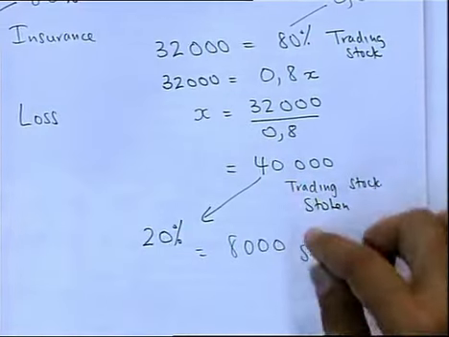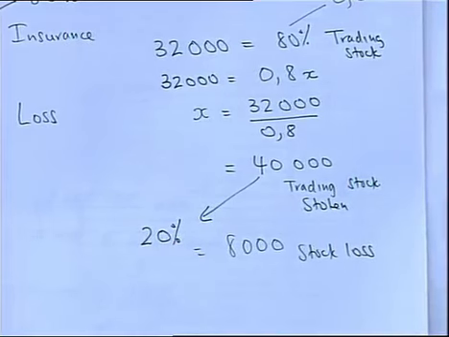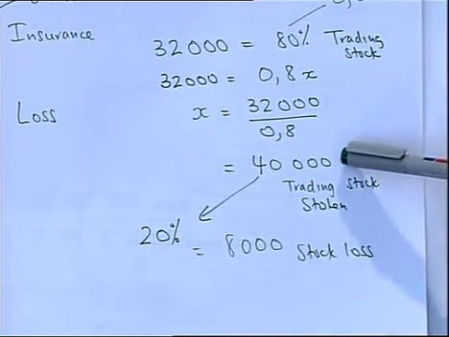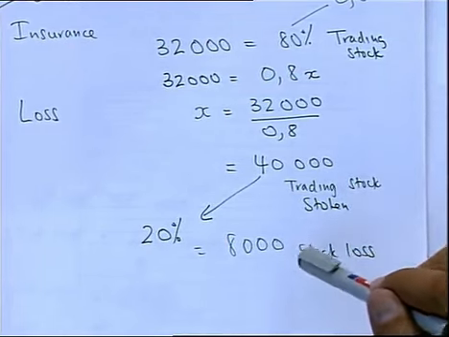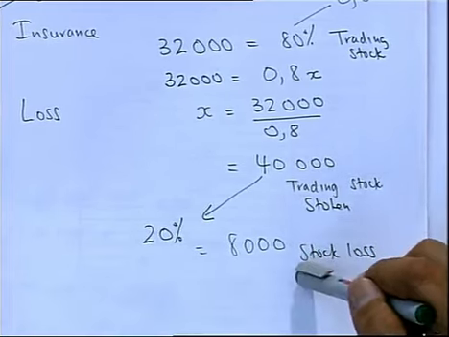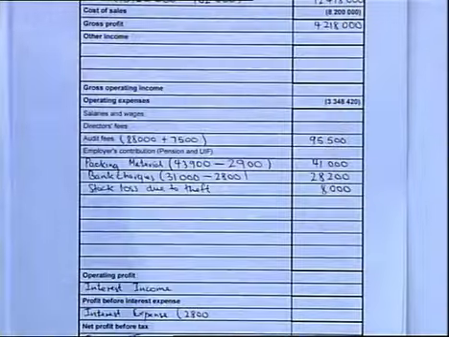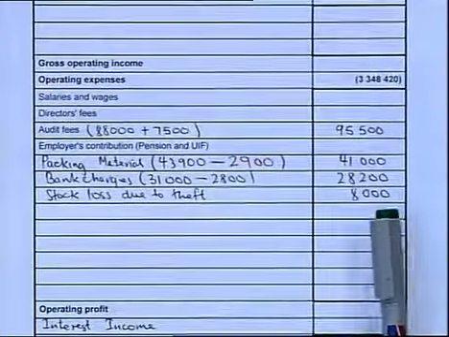Okay, there are various other ways to calculate, but at the end of the day, we will come to the same calculation. But this way, we know exactly the total amount of the stock that was lost. We know the 32,000 the insurance company paid into the banking account, and now we know that we have to bear the loss of the 8,000 Rand. That is why we take the 8,000 Rand to the income statement as the stock loss due to theft over there.